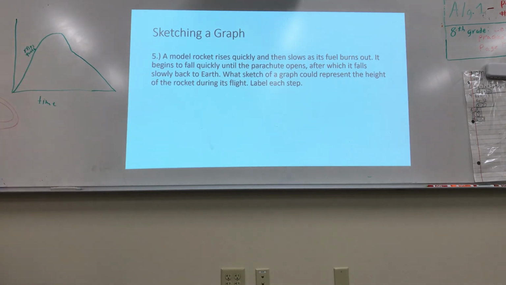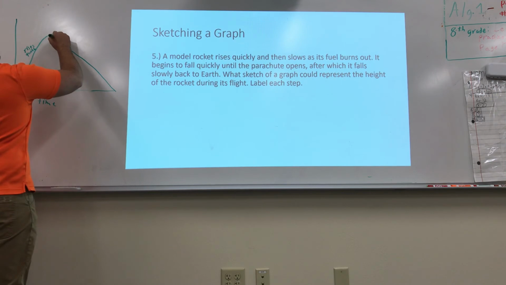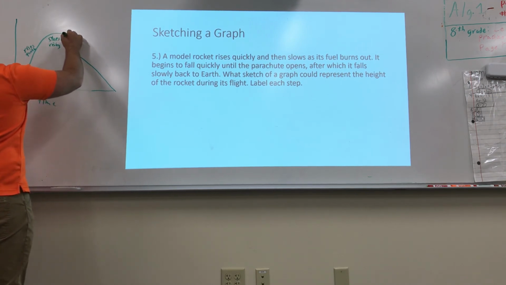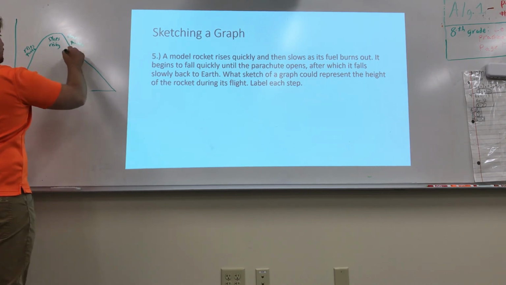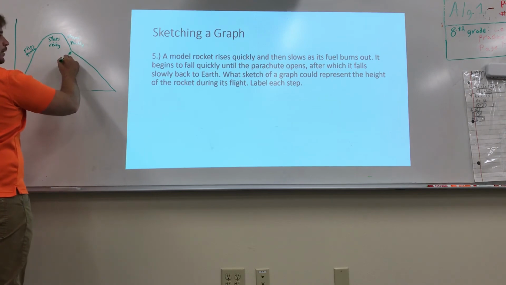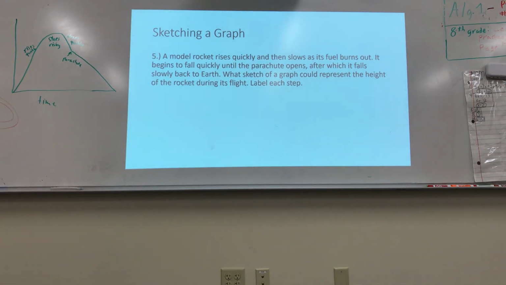Okay, then you're going to get where the fuel is burning out, or stops rising, then you're going to say drops quickly. This is going to be your parachute moment. And then that's going to reduce it. So you'd have something like that.